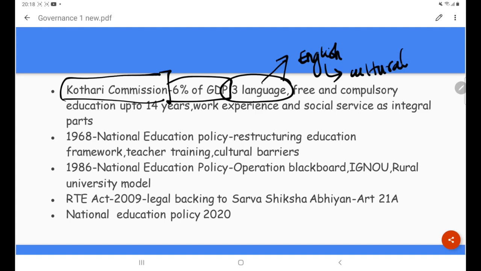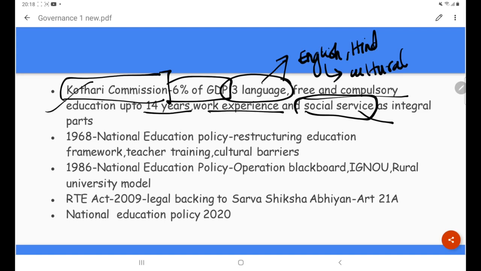So there must not be any cultural barriers: English, Hindi and any local language. Then free and compulsory education up to 14 years. Then work experience was embraced. Social service was also added as an integral part of education. These are all the things of the Kothari Commission, and its recommendations were incorporated in the 1968 National Education Policy.